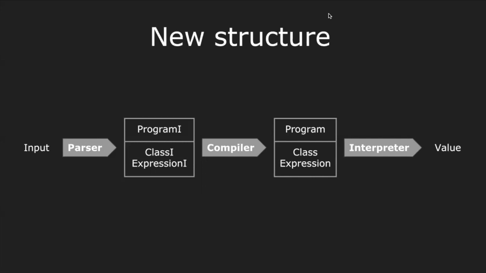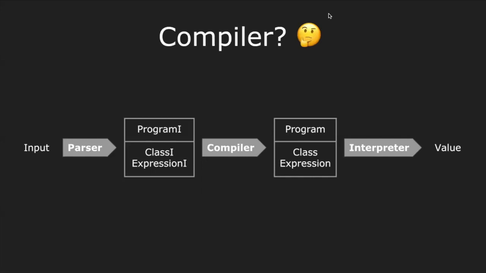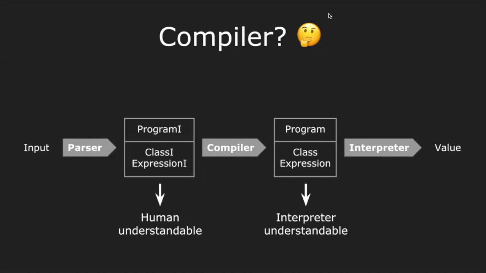And that raises the question, what does the compiler do? Well, basically, the compiler translates human understandable code into interpreter understandable code. And of course, we could leave the translation to the interpreter, but by adding a new layer, the translation process can be done just once, which reduces repeated work and makes the interpreter go faster.